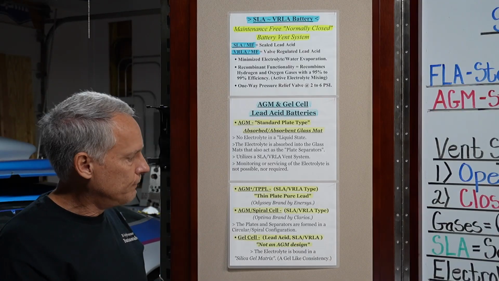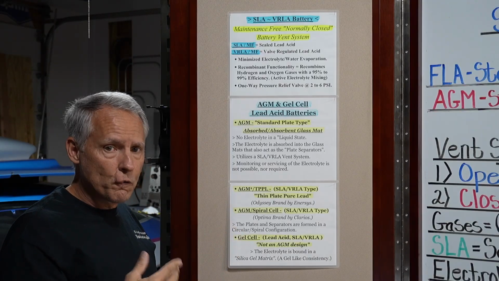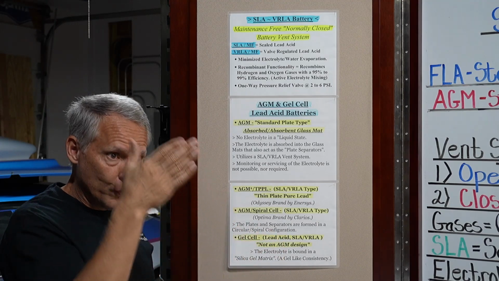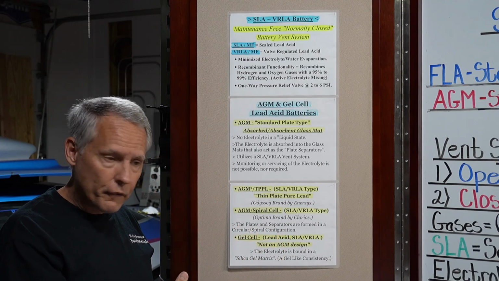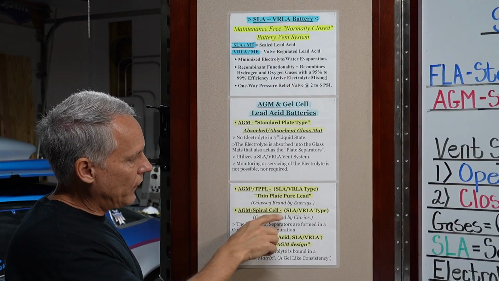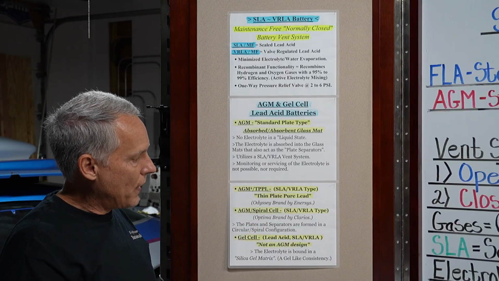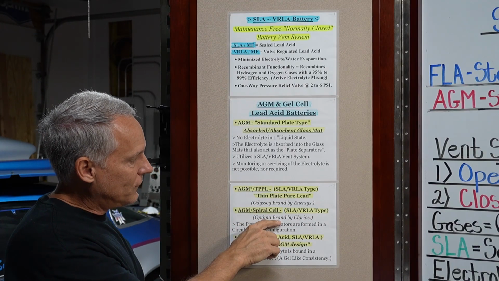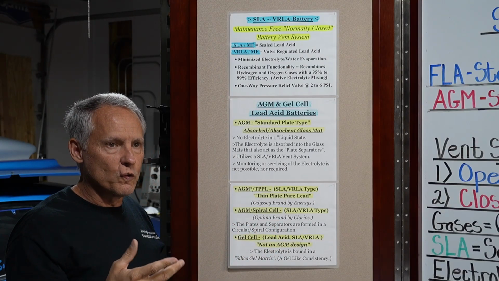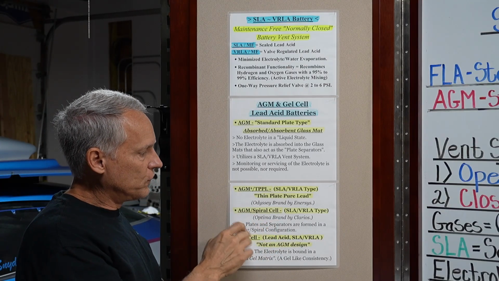There are others. Then you get into your spiral cell batteries, which is obviously still an absorbed glass mat battery. It still has an absorbed glass mat separator, right? The cells are in a spiral configuration, and it is an SLA VRLA type battery also. Optima makes the Optima brand battery, which I think a lot of us are probably familiar with, is a spiral cell battery.